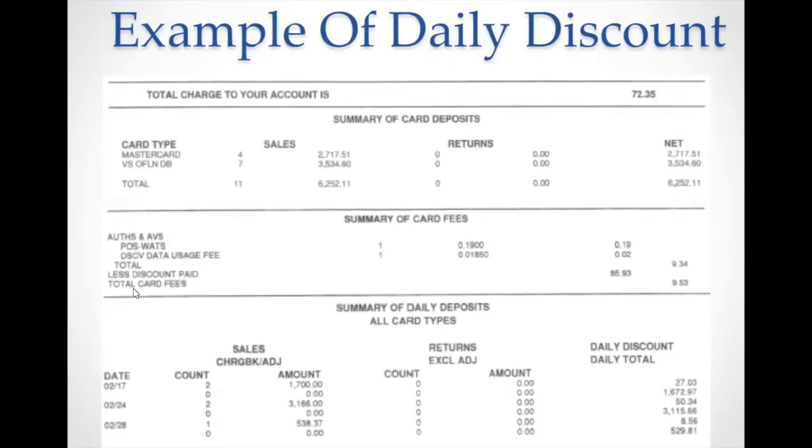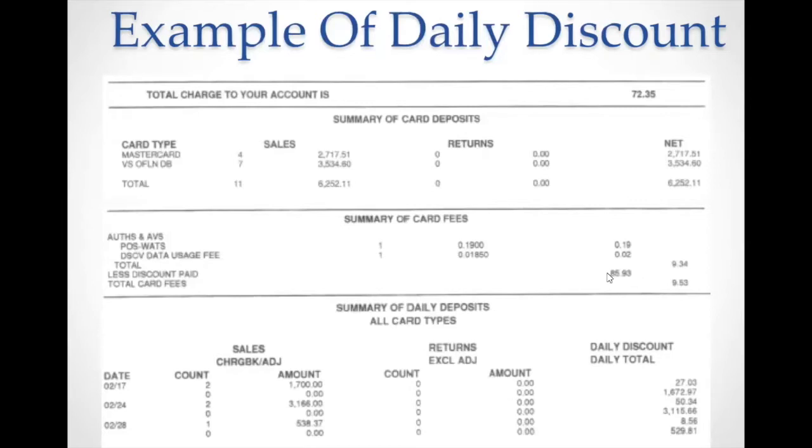Okay, but if you go down here, less discount paid, sometimes it'll say discount collected. It'll be worded one of two ways: less discount paid or discount collected, $85.93. This is the amount of money that was withheld out of the daily batches.